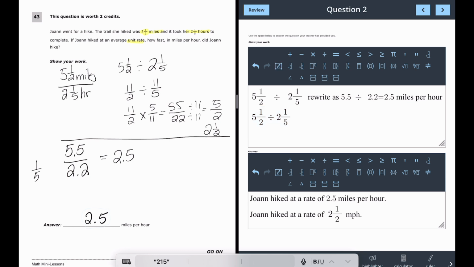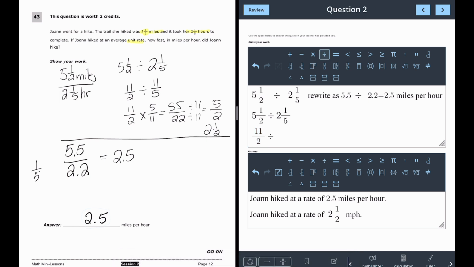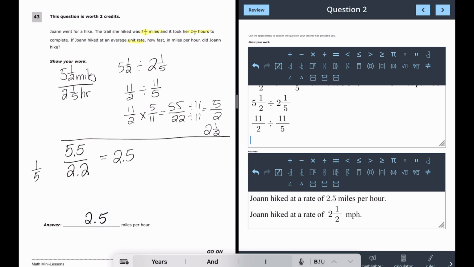And then I just skipped to the next row to show the next thing I did. I changed them now to improper fractions. 11/2 divided by 11/5. And then I just rewrote it.